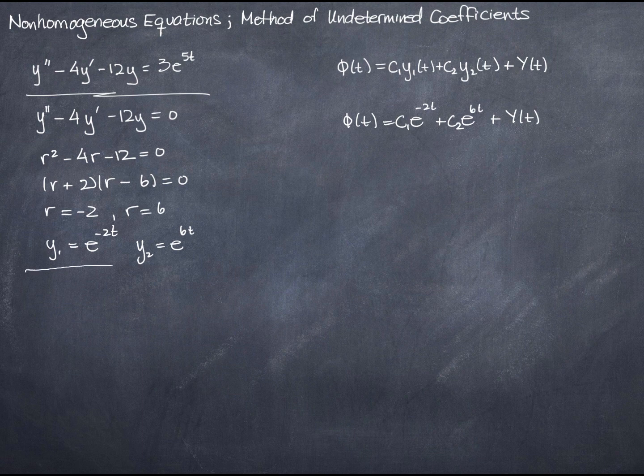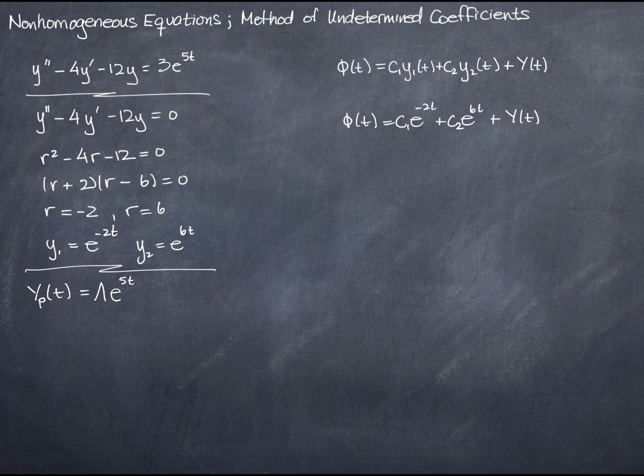All right, so now we have that, and we've also already discussed the fact that probably our solution is going to take the form of something that looks like the right-hand side of my equation. So why don't we take an educated guess? I'm going to say that y of t, and I'm going to call it y sub p of t, p for particular, looks like my answer over there, but it may not have the same coefficient.